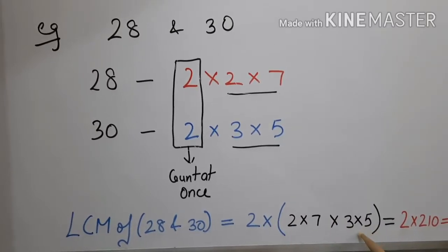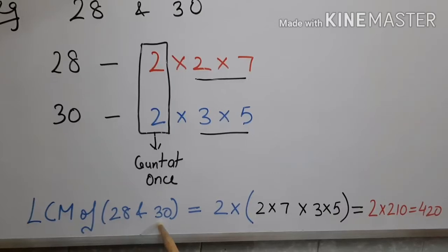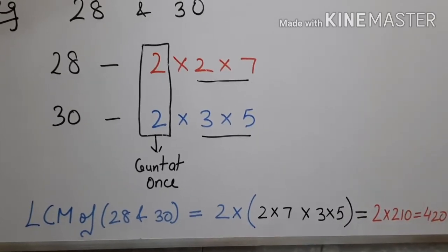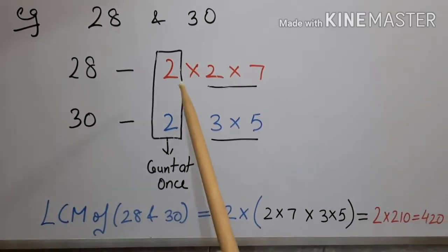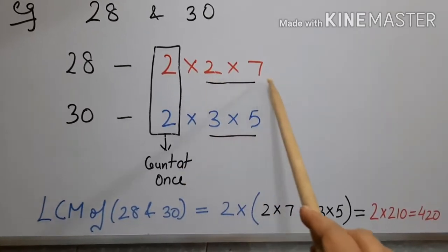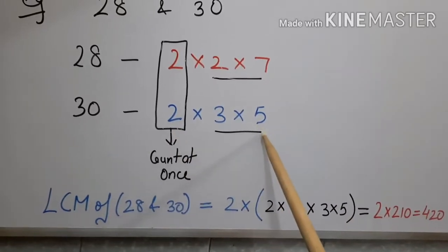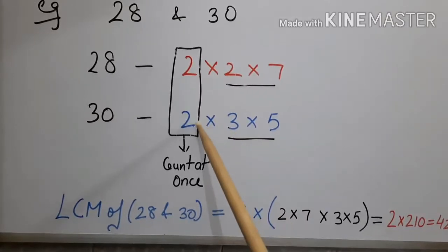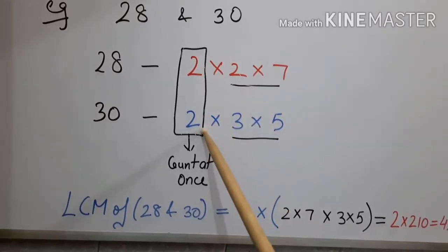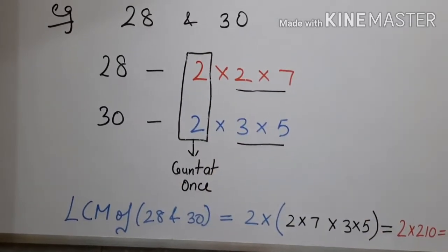After doing the calculation, I find the LCM of 28 and 30 is 420. Generally, students get confused. They count 2 multiplied by 2 multiplied by 7 and then again 2 multiplied by 3 multiplied by 5. Please note it: when the number is repeated in both terms, then we count it as one.